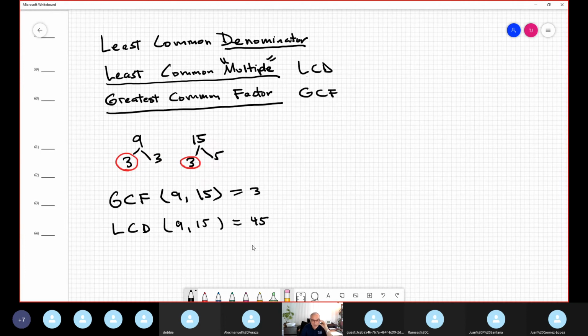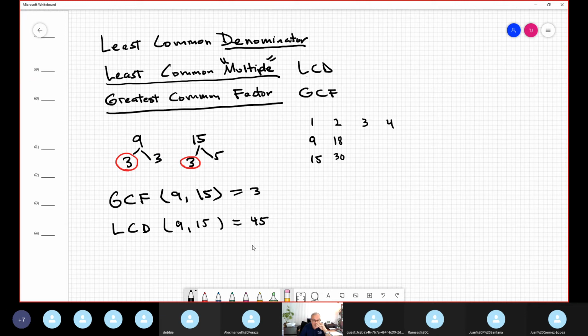Suppose you have 9 and 15, our example, and you multiply by 1, by 2, by 3, and so on. When you multiply by 2, this is 18, and this is 30.